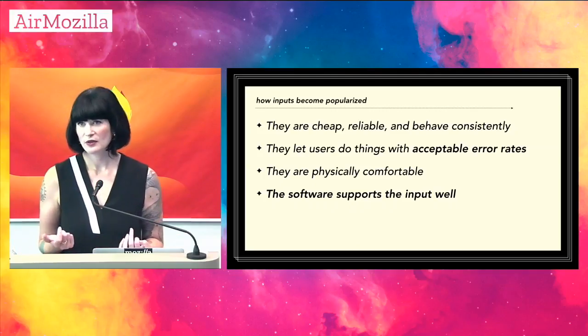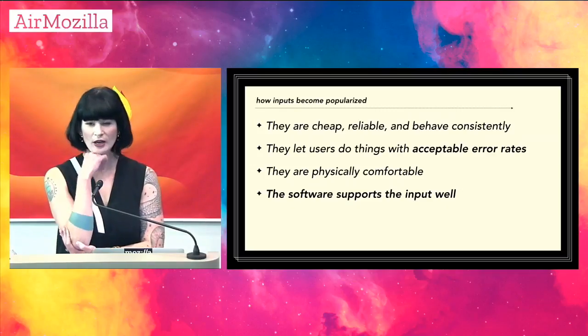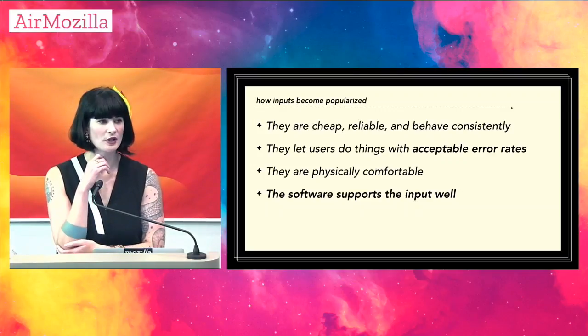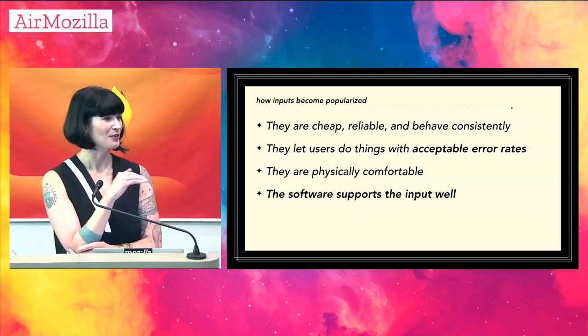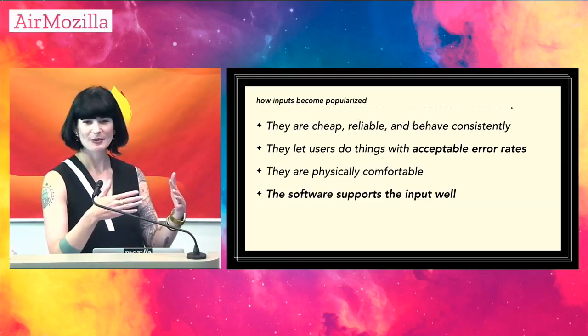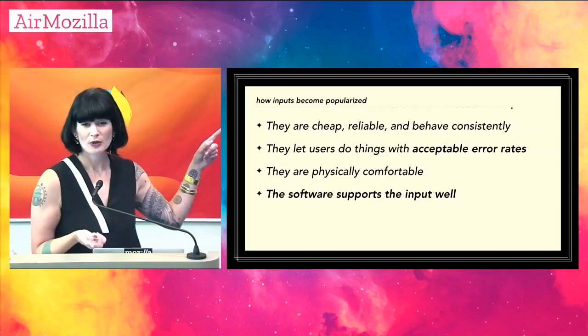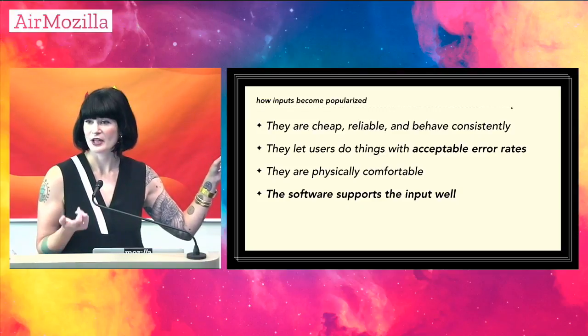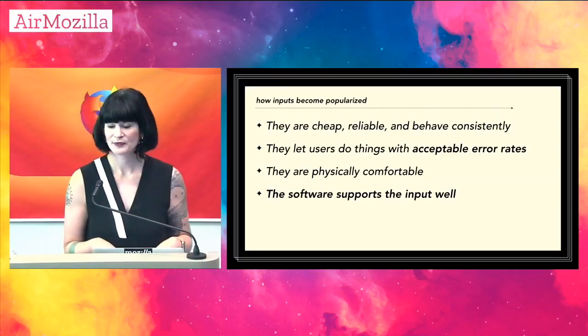They let users do things with acceptable error rates. And I want to touch on this a little bit because the amount I make typos on my iPhone is pretty much unacceptable. So all my emails have gotten much, much shorter. And that's okay because they're honing in on spell check to make that error rate fairly acceptable. But if I have something important to say, or if I need to write a really long email or a document, I will wait until I get back to my keyboard and I will write it there instead.